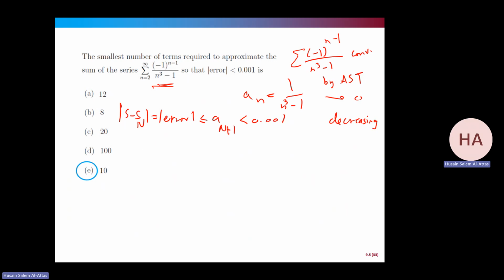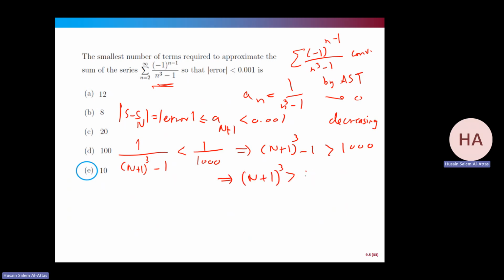So that means what? I have 1 over (n plus 1) cubed minus 1 less than 1 over 1000. So that means we want (n plus 1) cubed minus 1 greater than 1000. So I need (n plus 1) cubed greater than 1001. So that means n plus 1 to be greater than cube root of 1001. 1001 is what?